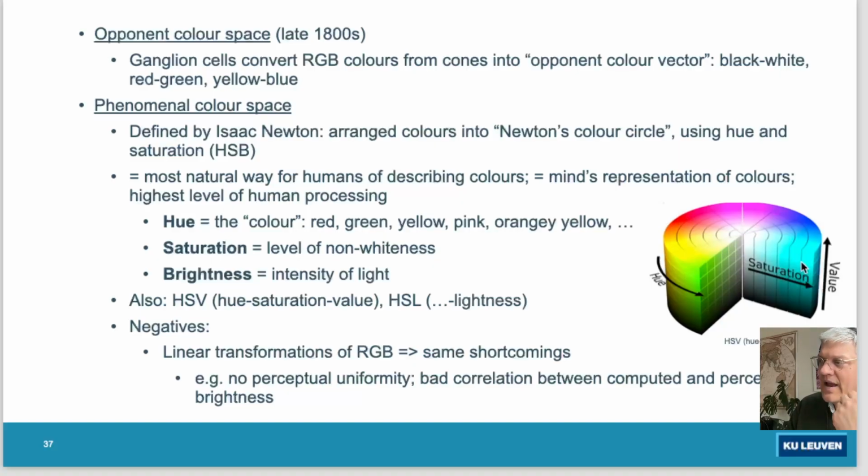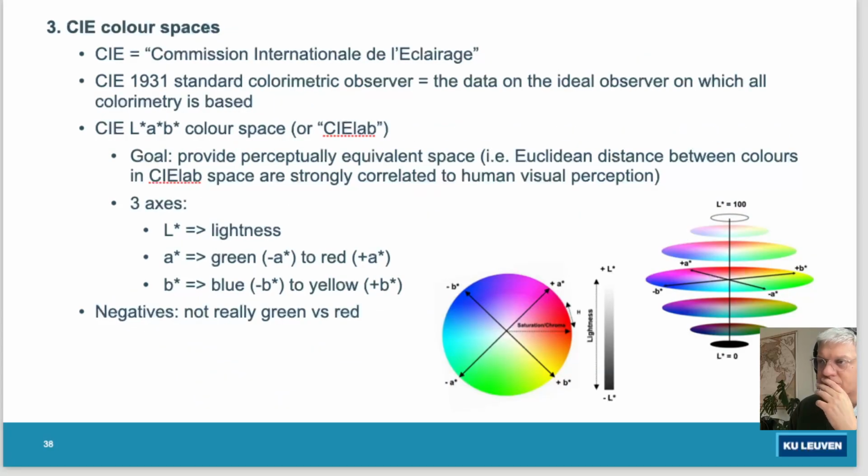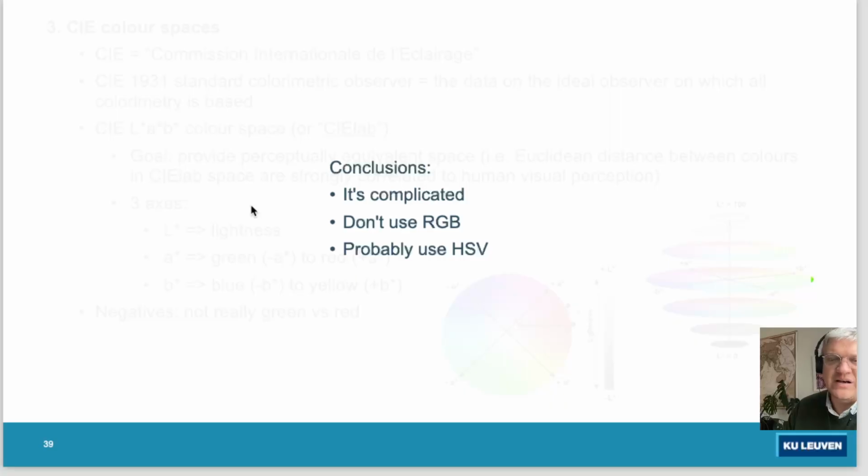And then the value is how dark it is. There are still some shortcomings with that, but in data visualization we mostly use HSV rather than RGB. There are other spaces as well, but I won't go into that. Basically, remember, color is complicated. Don't use RGB, and probably use hue, saturation, value.